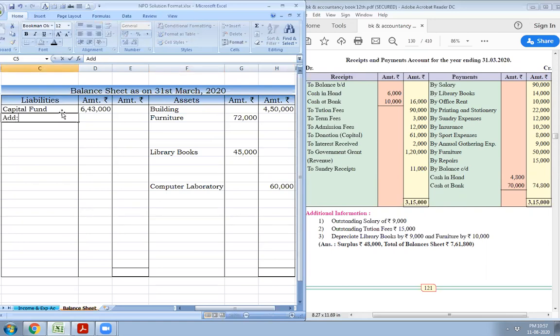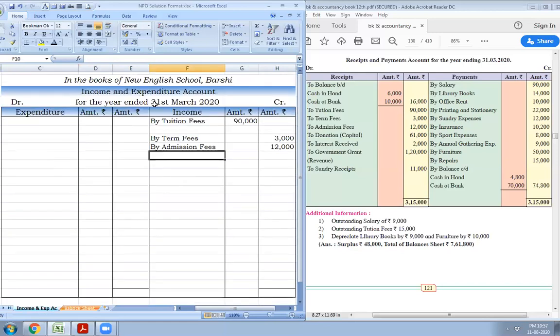Add donation, amount rupees 61,000. Next item, interest received income rupees 2,000, by interest received rupees 2,000.